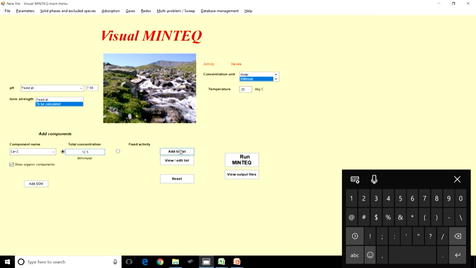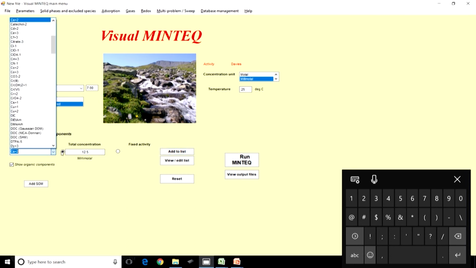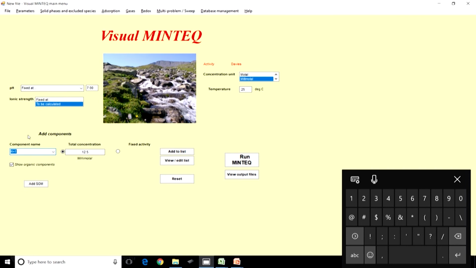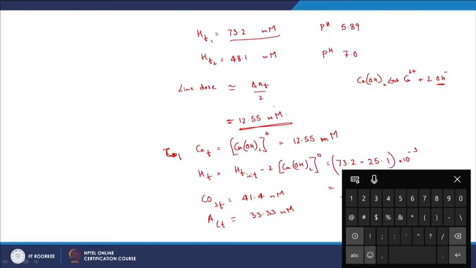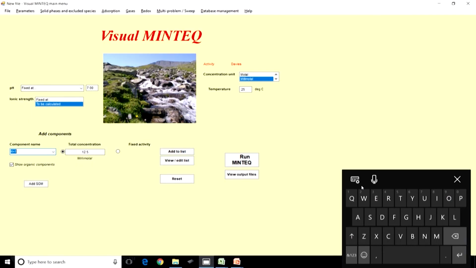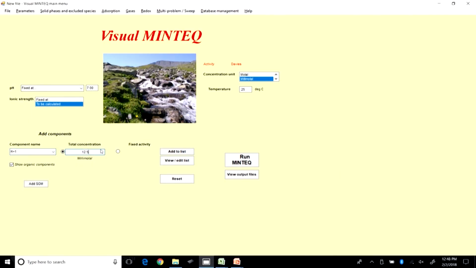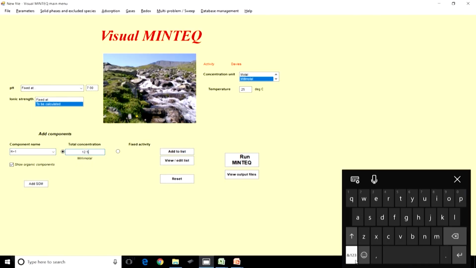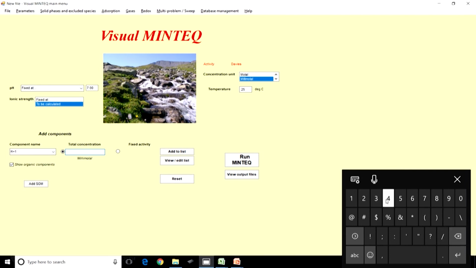I am going to add that to the list, and obviously I need to plug in H, right, and how much was the H total now? I need to look it up here. H total is equal to 48.1 millimole, and I need to change that value here, 48.1 millimole, units are still millimole, right.